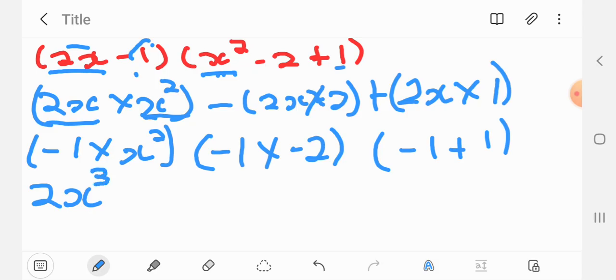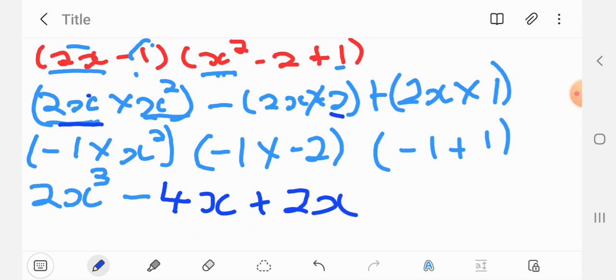And then that will be minus 2x times 2, that is negative 4x, and then we will have plus 2x as well, and then we will have negative 1 times x squared, that will be negative x squared.